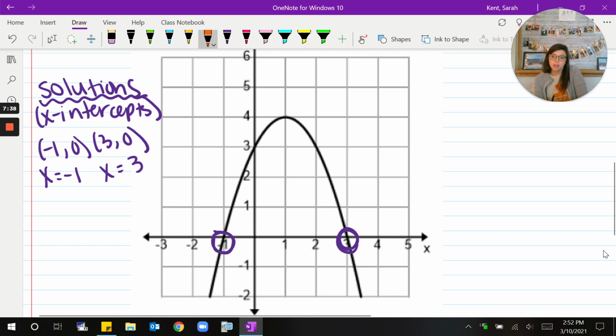I also need my y-intercept. So my y-intercept is where it crosses the y-axis. So I can see it crosses the y-axis here at 3. So I would write this as (0, 3).